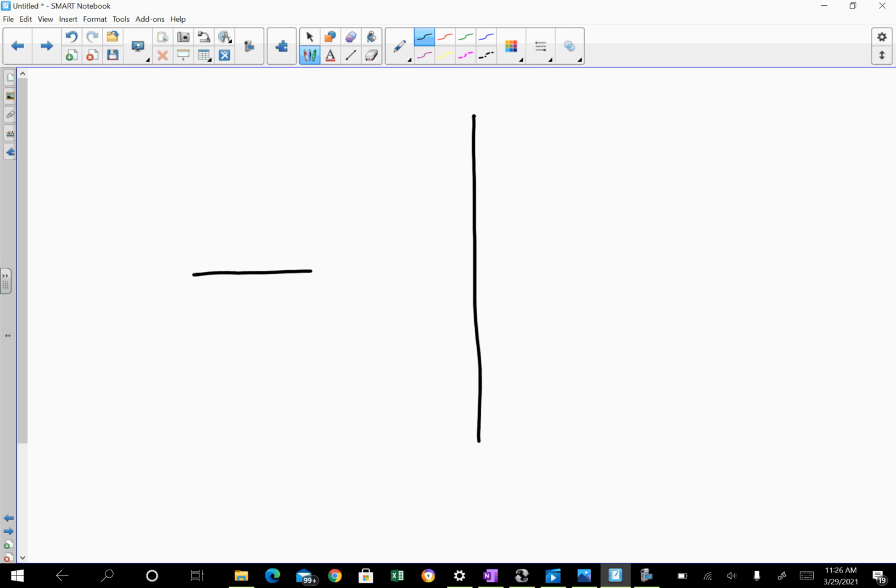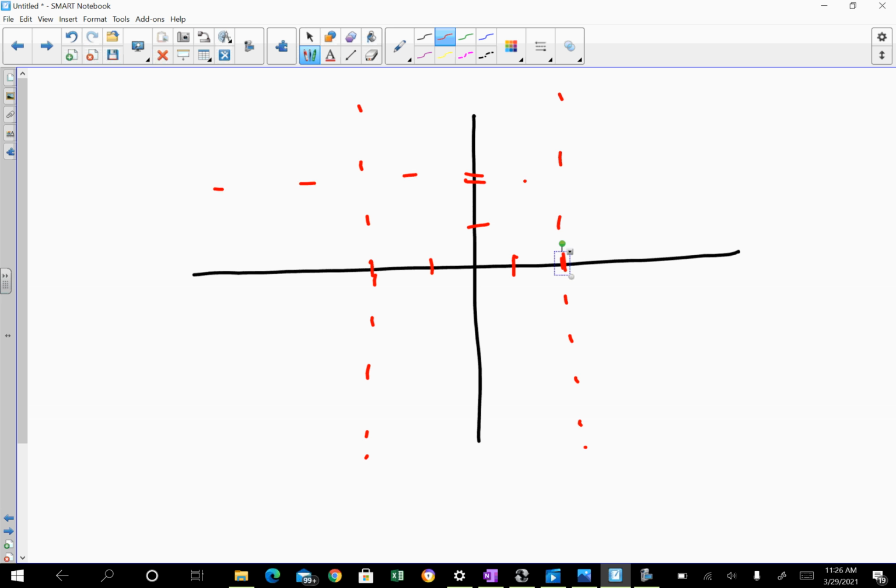Okay, so let's start with a couple things that we know. At 2 and -2, we have vertical asymptotes. We also have a horizontal asymptote.